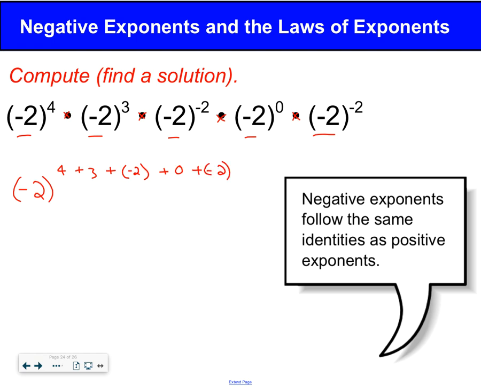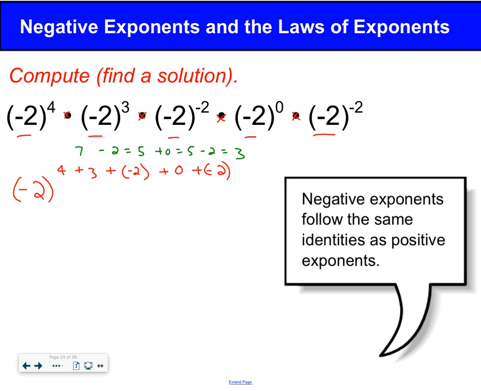All right, so if we do this, we've got 4 plus 3, right, which would be 7. 7 plus -2 is like 7 minus 2, right? So 7 minus 2, which gives me 5. 5 plus 0 is simply 5. And then 5 plus -2 equals 3.